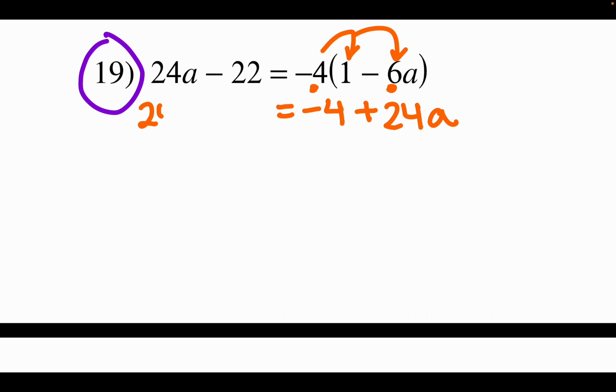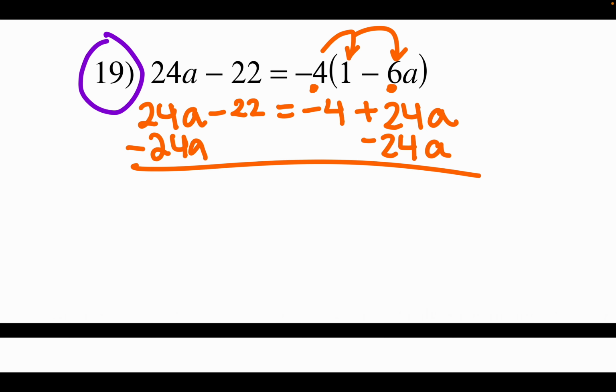And then bring everything else down. And next thing we're going to do is get the a's on one side. So we're going to subtract 24a from both sides. Now what happens here? Another special solution.